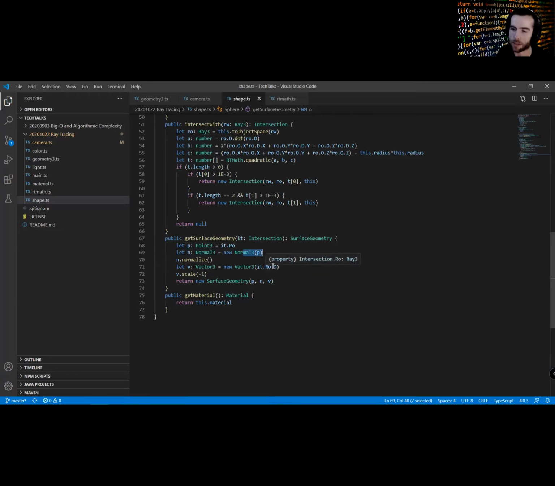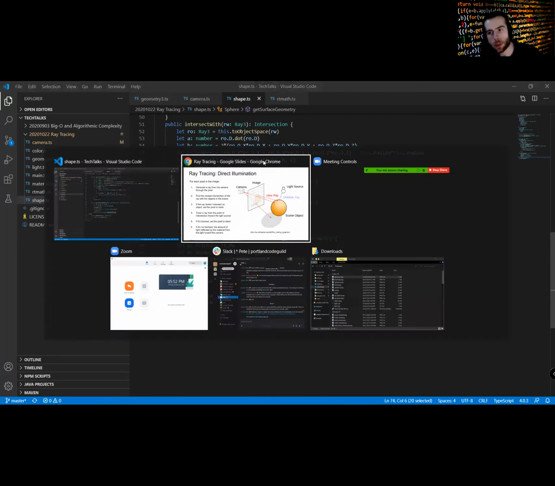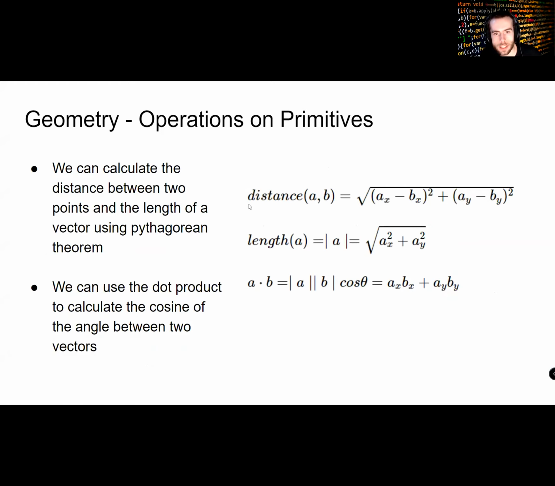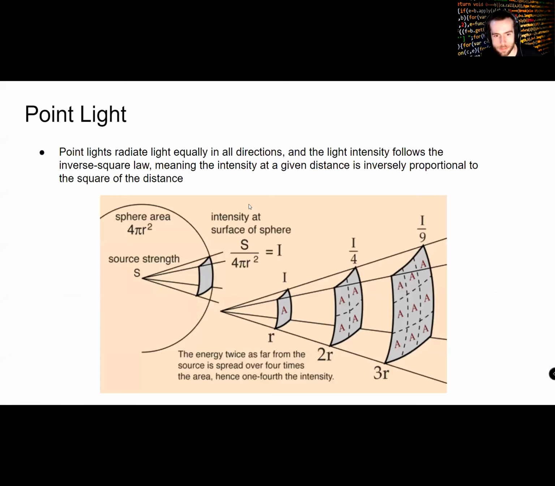You just create a vector pointing from the origin to that, because the surface normal points out directly from the origin. And then the light vector, I initialize using the ray in object space's direction, and then I invert it. Anyway, that's the ray sphere intersection.